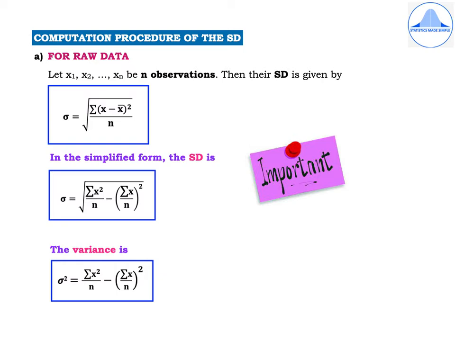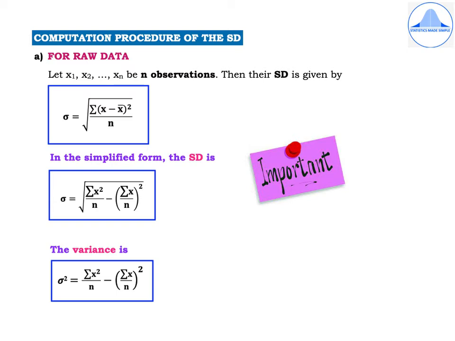So sigma, you should remember, always stands for standard deviation, and the formula is root of summation x minus x bar the whole square divided by small n. In the simplified form, the standard deviation is given by sigma equal to root of summation x square by n minus summation x by n the whole square.